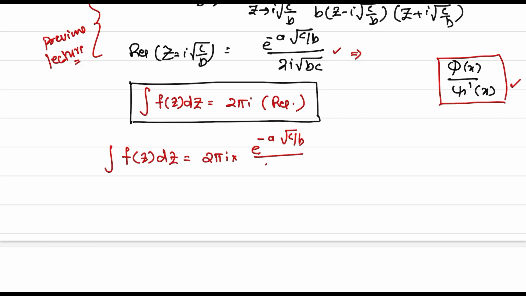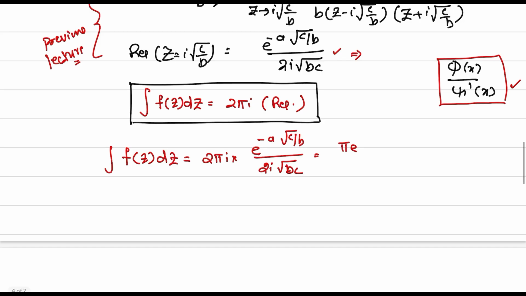These are all small things, you please take care. Division, multiplication and other things. And it comes to pi into e to the power of minus a square root of c by b divided by square root of bc. This is the residue.